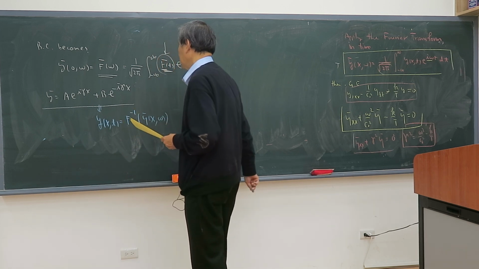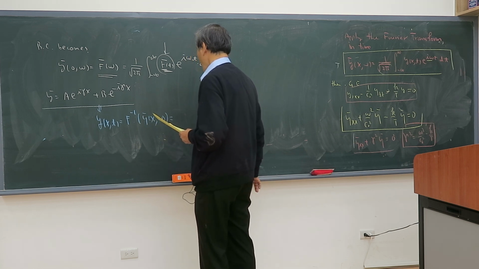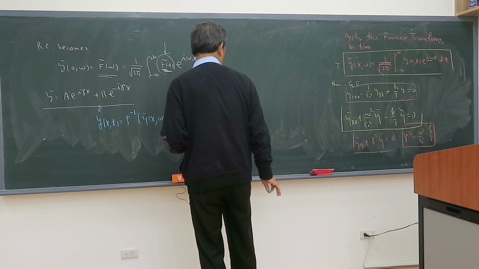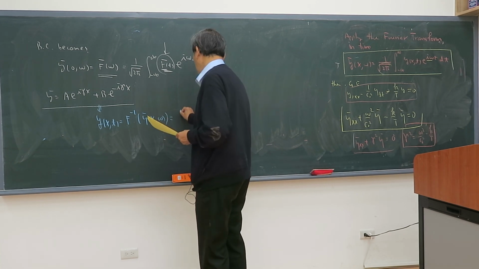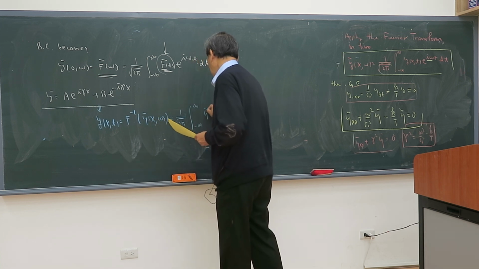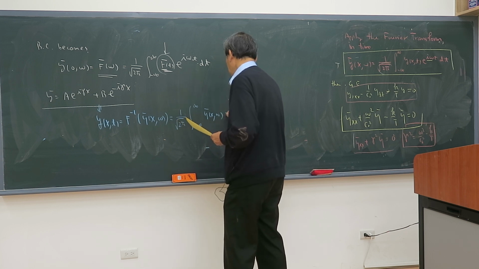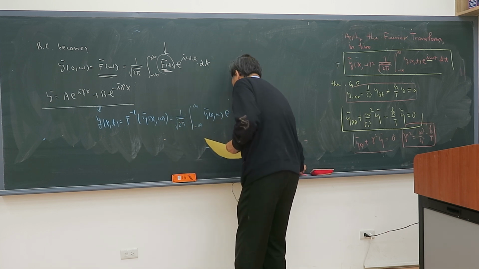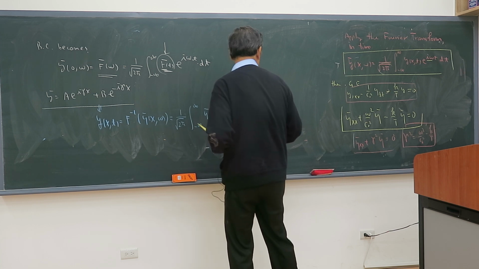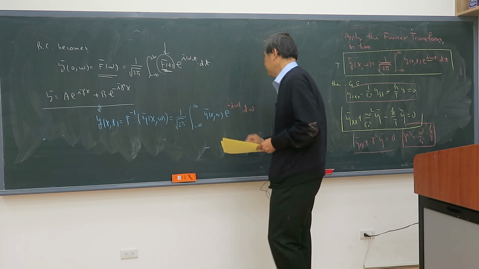We do the change to t. Then it will become 1 over square root of 2 pi, integral from minus infinity to infinity of y bar(x, omega) exponential minus i omega t d omega.